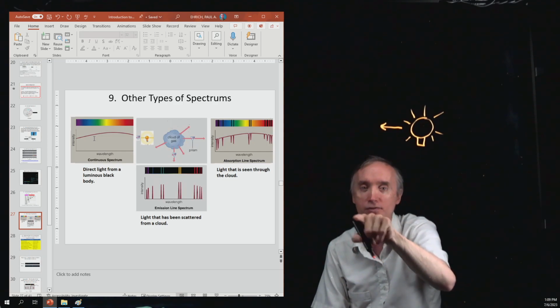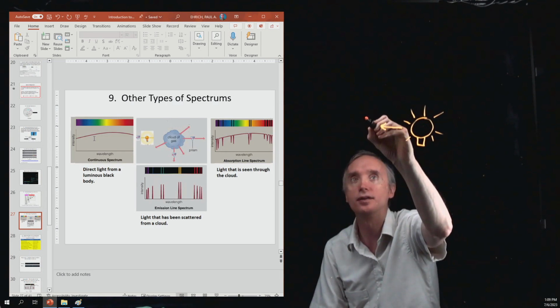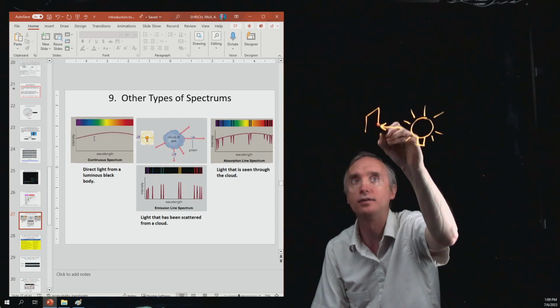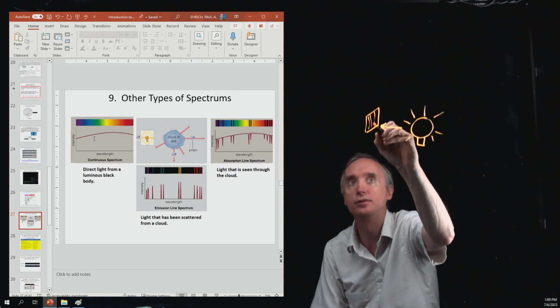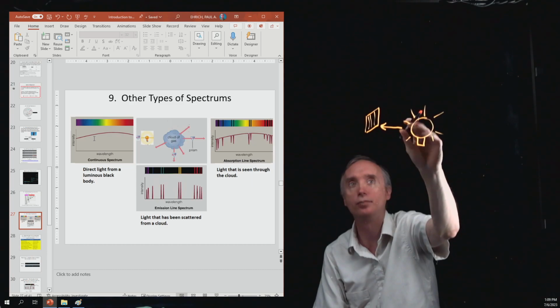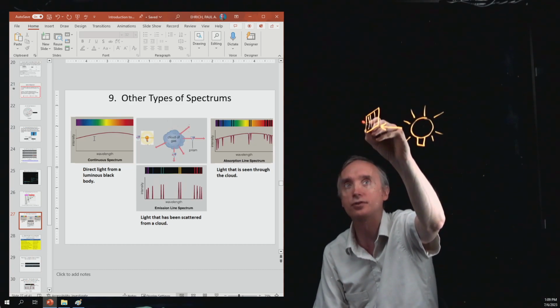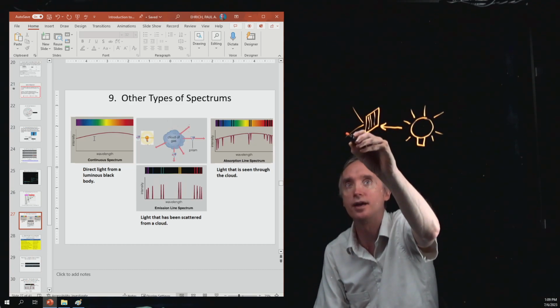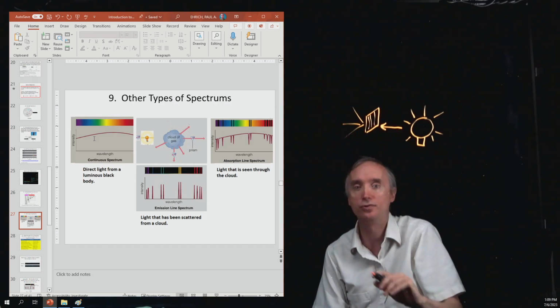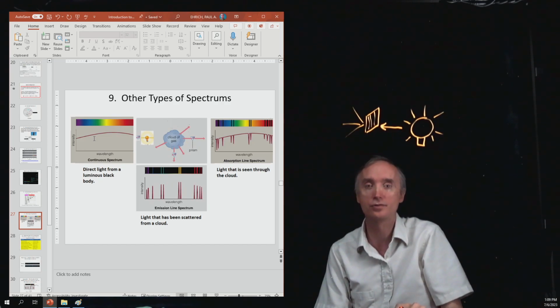So in the picture there, it's a prism, but let's go ahead and draw a diffraction grating so that the light from the light bulb is going to go through the diffraction grating, and it's going to be spread out into the rainbow of colors.